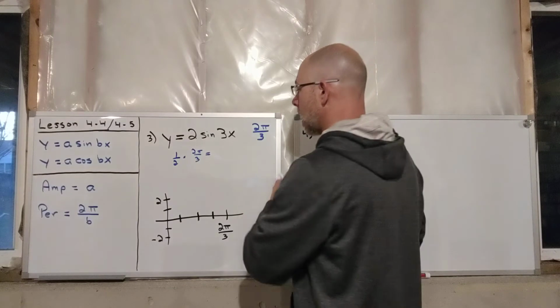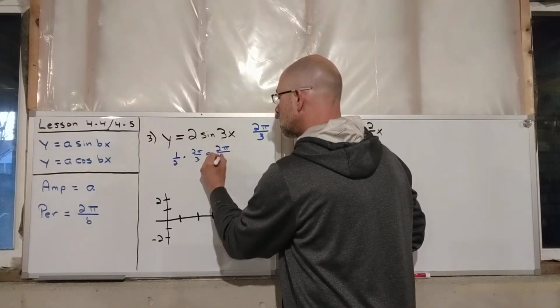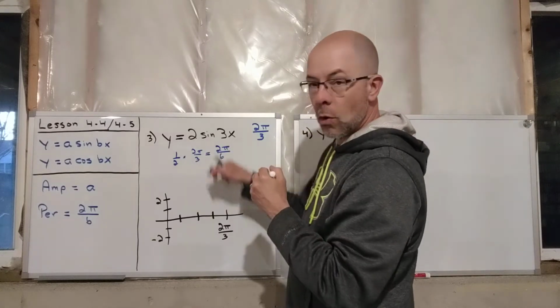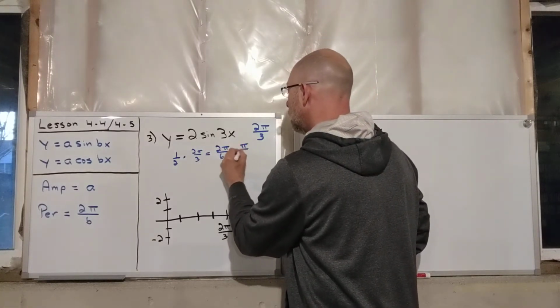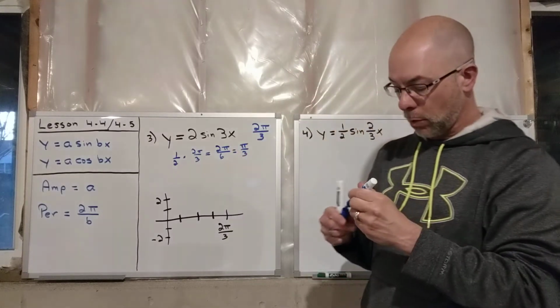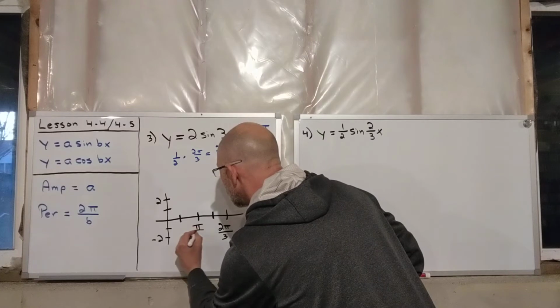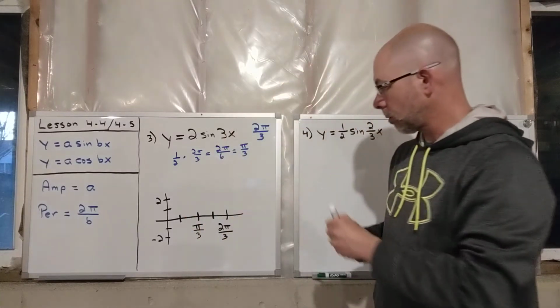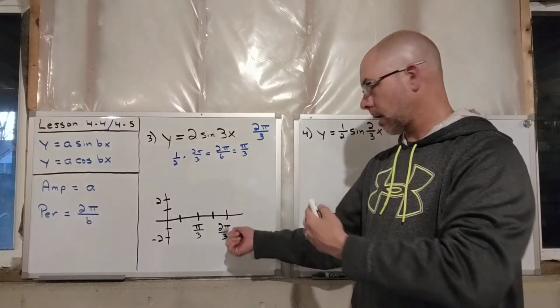So on the top, 1 times 2 pi is 2 pi. 2 times 3 is 6. 2 over 6 reduces to 1/3, or 1 pi over 3. You look at it and say, oh, that makes sense. That's 1 pi over 3. That's 2 pi over 3. Twice as far.